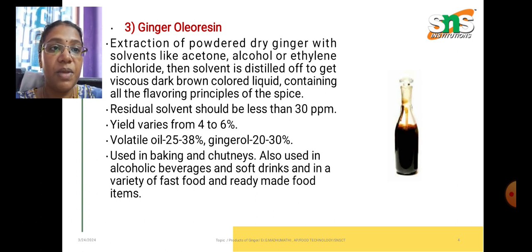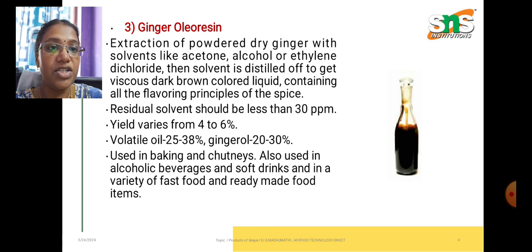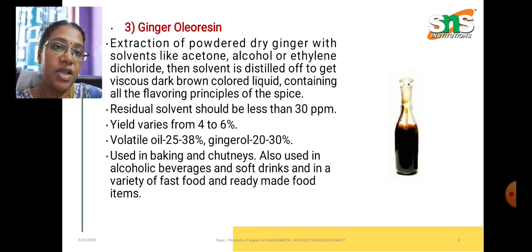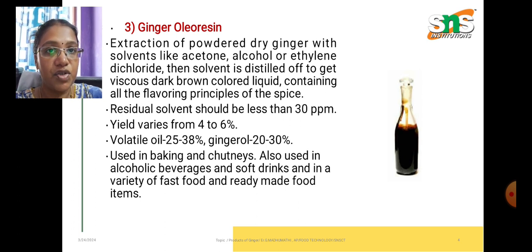Residual solvent should be less than 30 ppm. Here we get nearly 25 to 38% volatile oil, and ginger oil 20 to 30%. Mainly this ginger oleoresin is used in baking and preparation of chutneys, also in alcoholic beverage preparation and soft drinks, and in a variety of fast foods and ready-made food items.